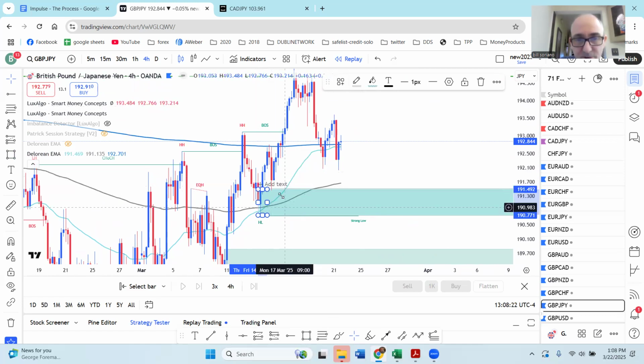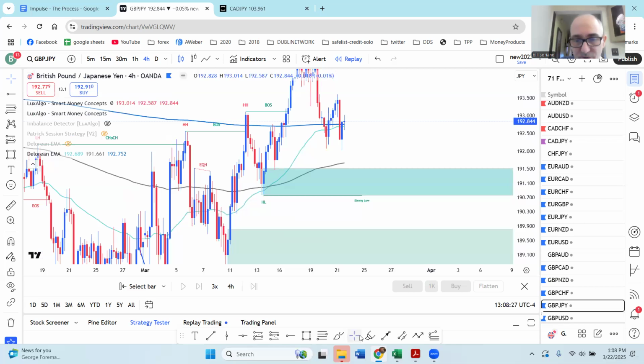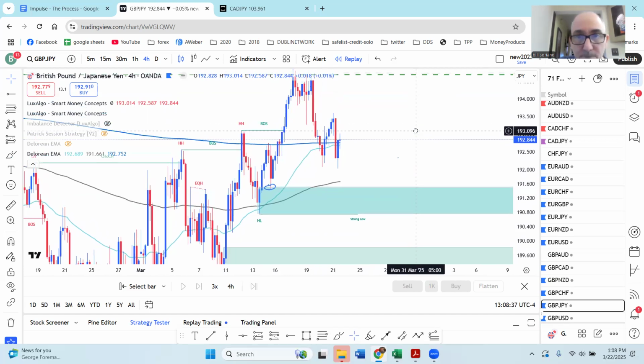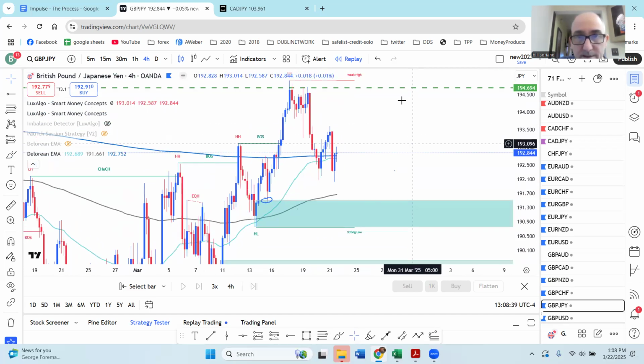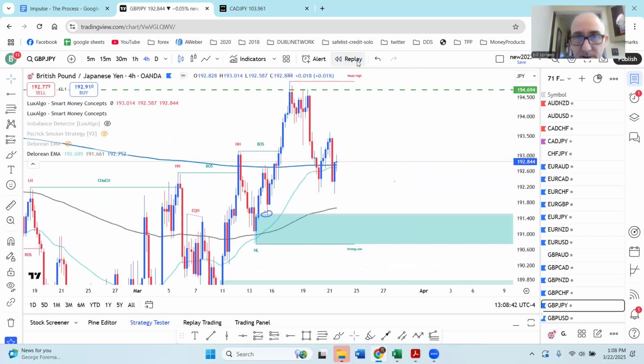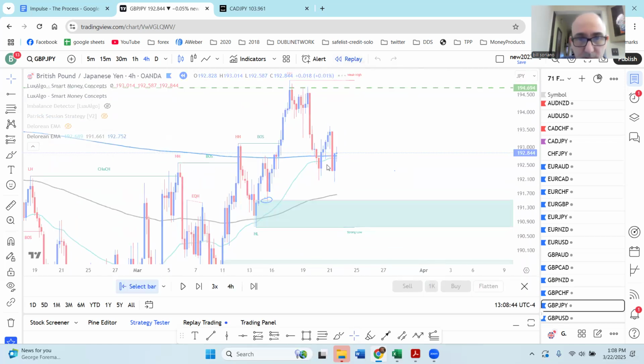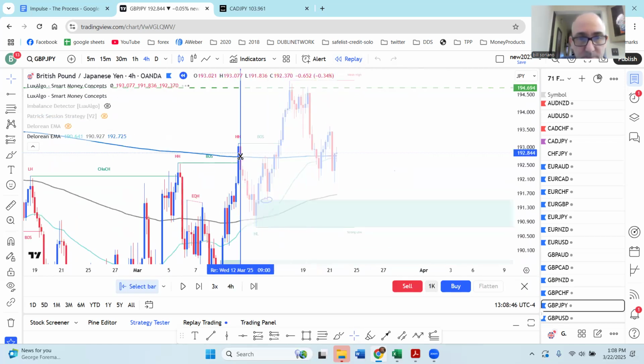So this demand zone did not exist until this break of structure to the upside. So that touch right there does not count, right? If you can't determine that on your own, then all you have to do is, again, hit the replay button. Just pull this back to here.